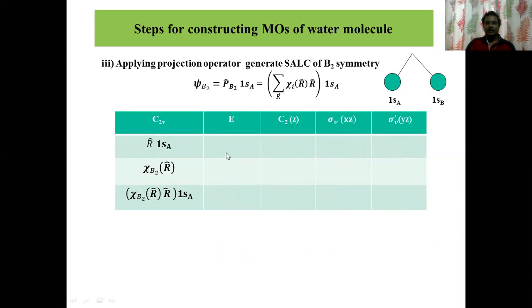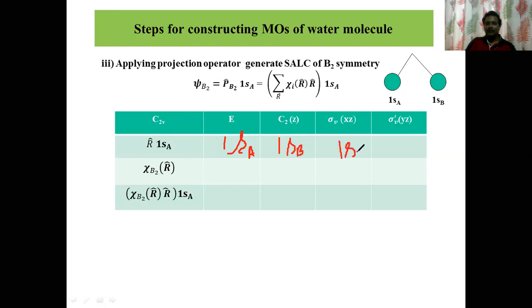If you do it quickly, this is 1s A, exactly as in the earlier slide. This is 1s B, this is again 1s B, and this is again 1s A.